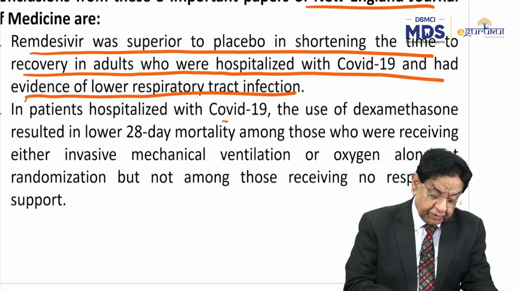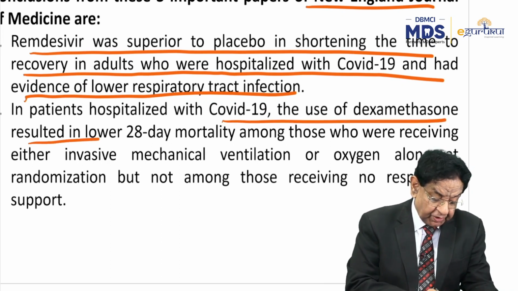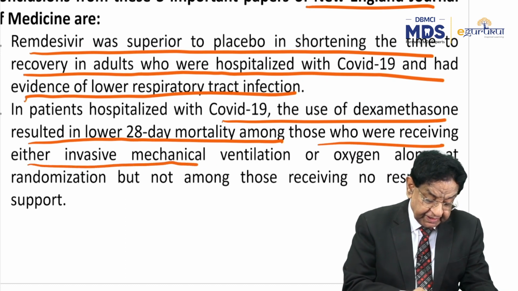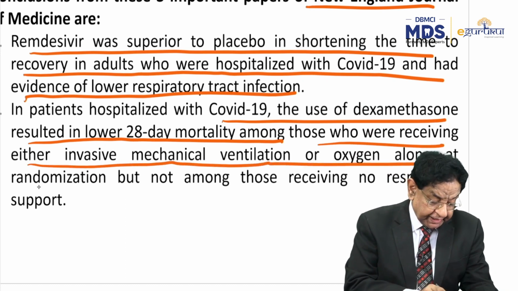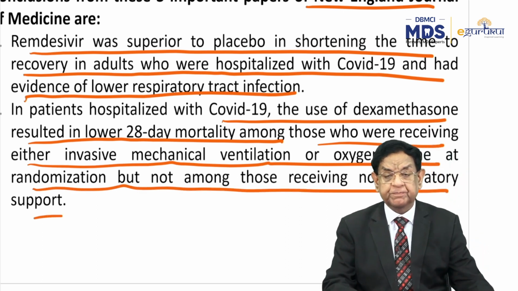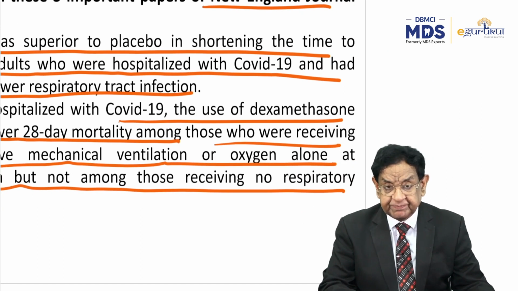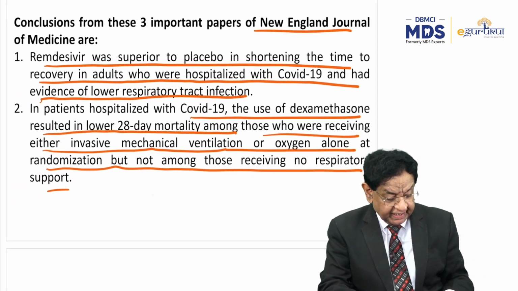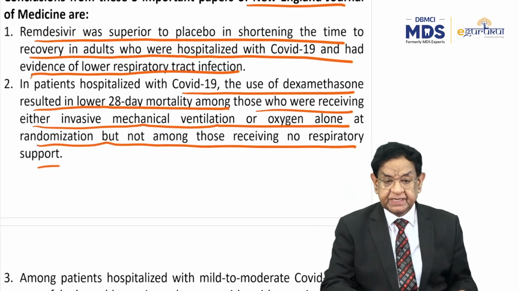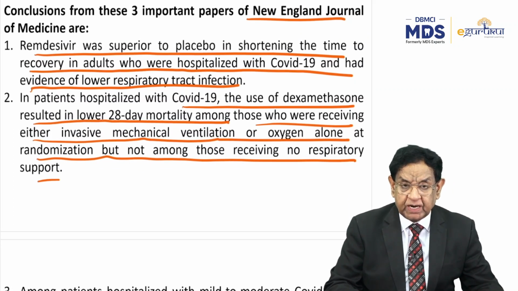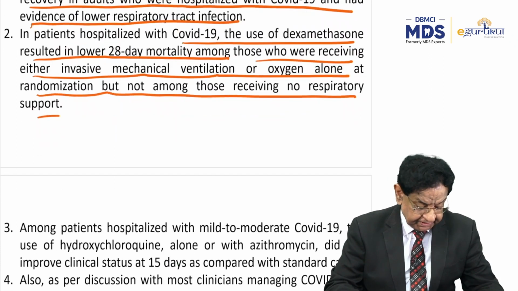In patients hospitalized with COVID-19, the use of dexamethasone resulted in lower 28-day mortality among those who were receiving either invasive mechanical ventilation or oxygen alone at randomization, but not among those who were receiving no respiratory support. So what we can see, these 2 drugs, remdesivir and dexamethasone, really helped to some extent in COVID-19 patients. So that's why the answer to this question is remdesivir and dexamethasone.